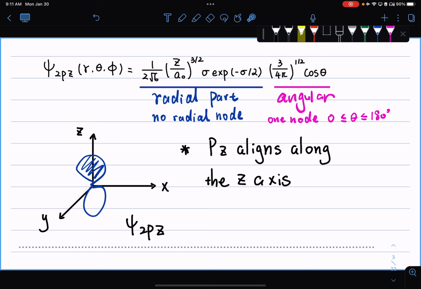This is my pz atomic orbital. It aligns along the z-axis here. That's one of our p orbitals. And by drawing the shading, we know that the angular node plane is the XY plane.